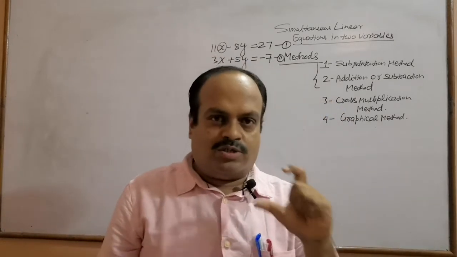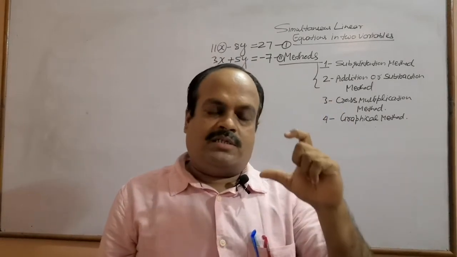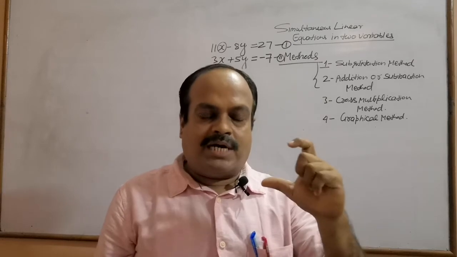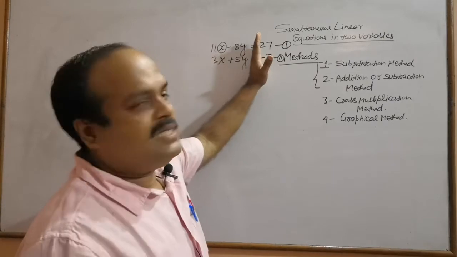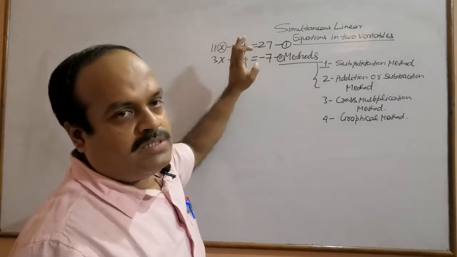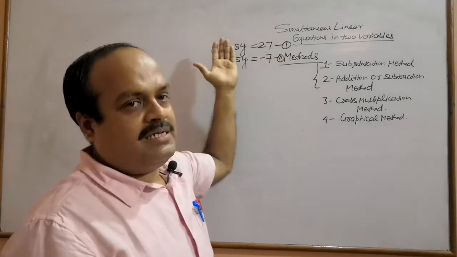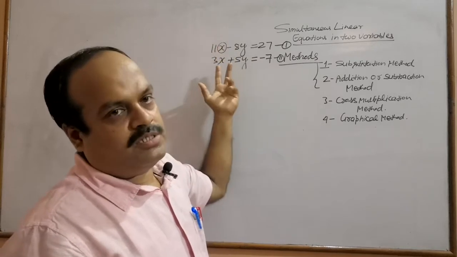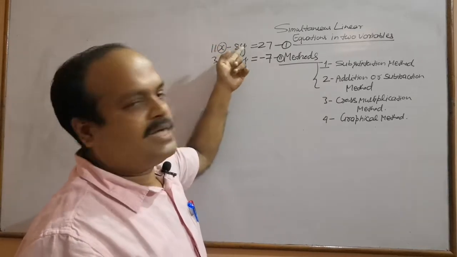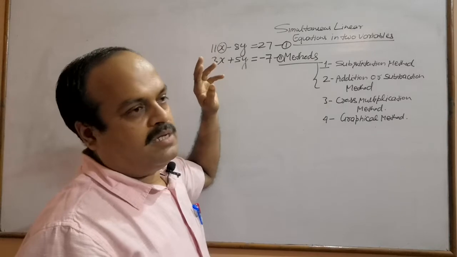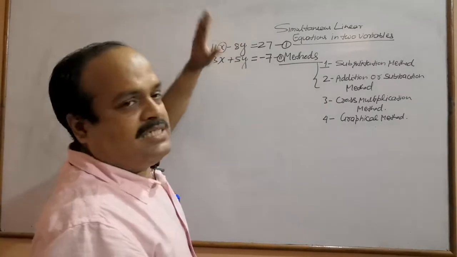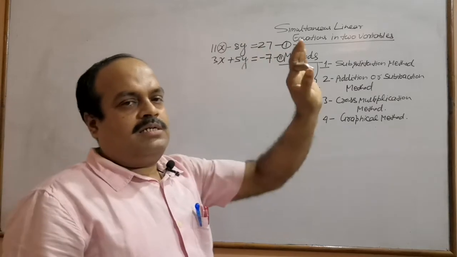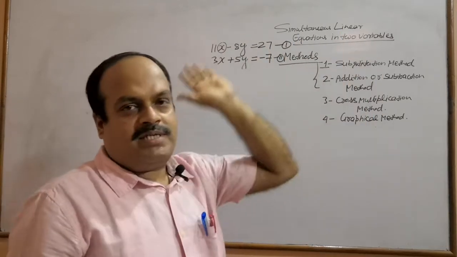Terms, I hope you know terms. Terms are separated by plus or minus. In both the equations, on the left side we have two terms. First term, second term, first term, second term. So what do we do in this method? We first arrange the terms in the same sequence.